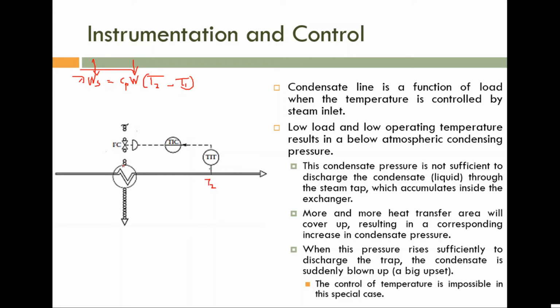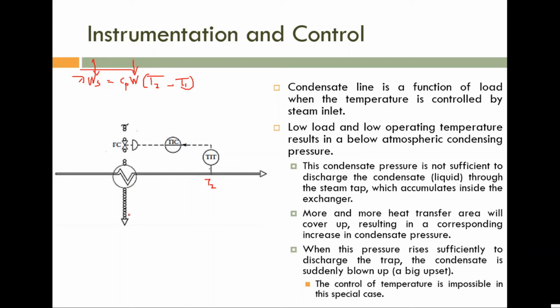And the interesting thing is, a large amount of steam is converted to liquid. The mass flow rate will be the same, but from the volumetric flow rate point of view, the range of steam flow rate is very large. But what about the range of the condensate flow rate? That is decreased to a very, very small value.